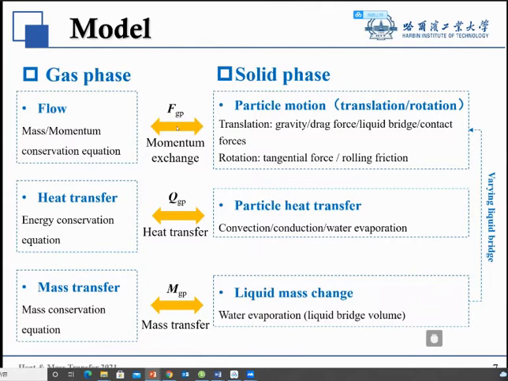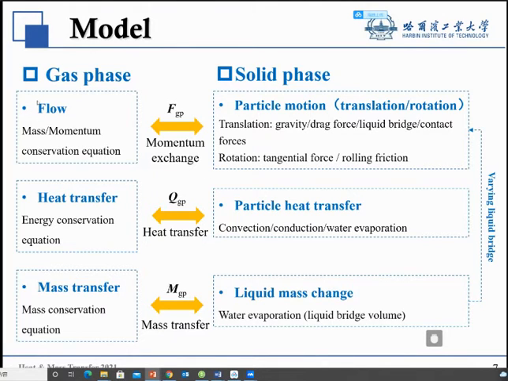The mathematical models consist of three parts, including the gas phase, the solid phase, and the exchange between the gas phase and solid phase. We also consider flow, heat transfer, and mass transfer behaviors at the same time.